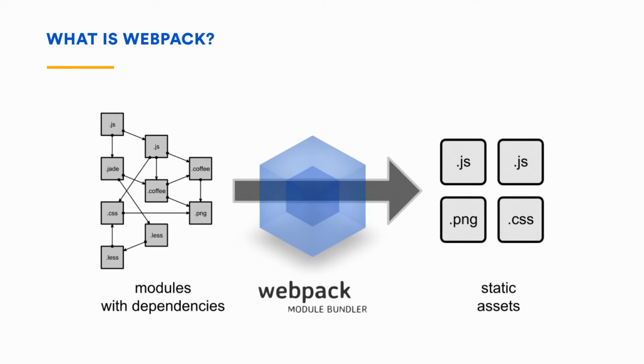It could help you with optimizing your resources, handling caching, and removing dead code, and primarily it allows you to do code splitting, which I'll be talking about in just a moment.